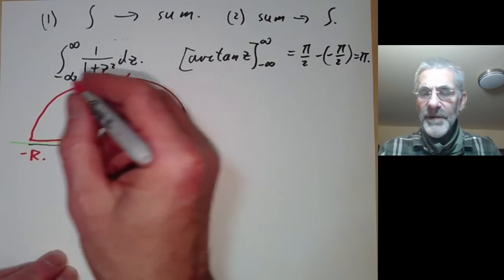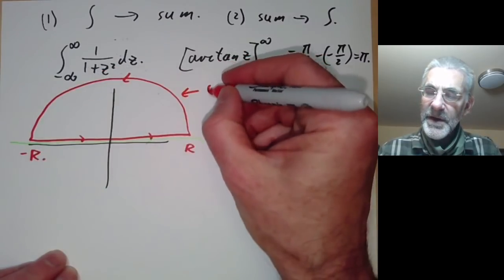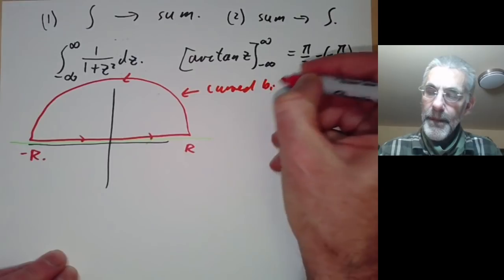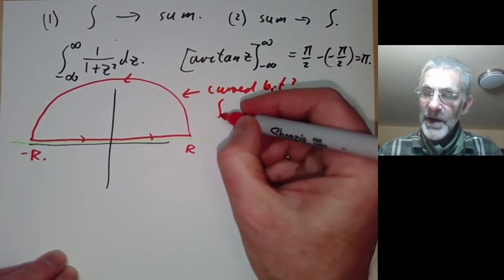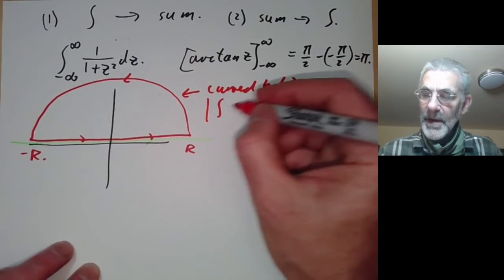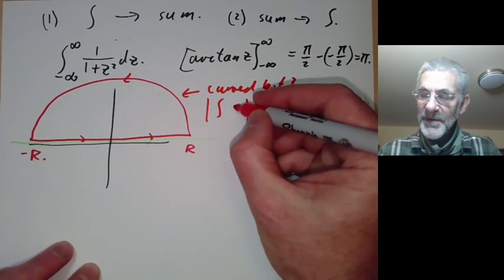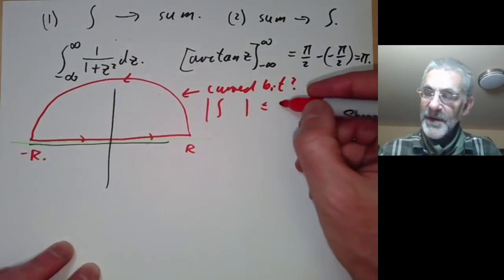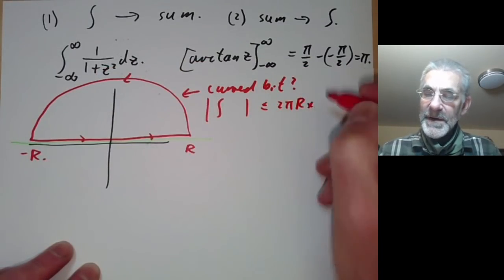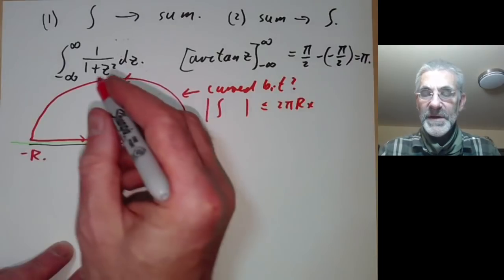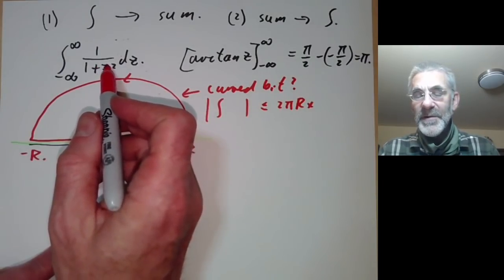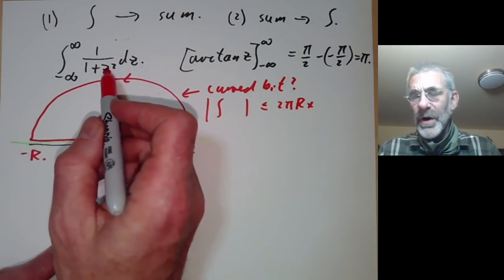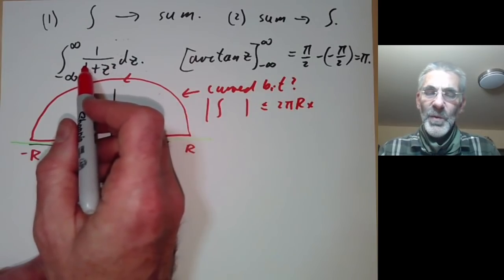Well, what about the integral over the curved line? The absolute value of the integral over the curved bit is less than or equal to the length of this curve, which is pi r, times the maximum of the function on this curve. Now, on this curve, the function is about 1 over z squared, if we don't worry about that too much.